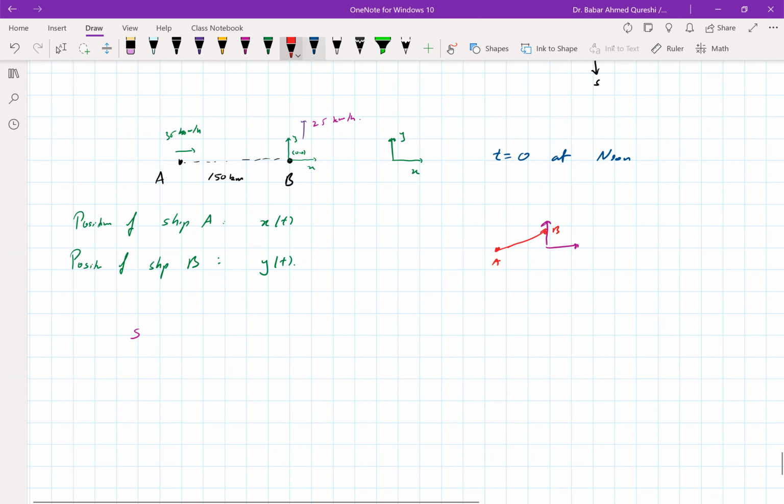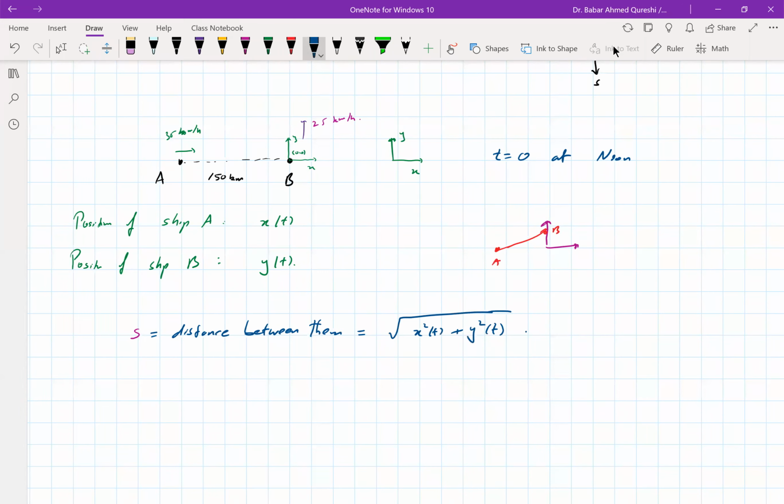The distance between them will always be given by this formula. Because I put the origin in such a way, one is always on the x-axis and one is always on the y-axis. So the distance can simply be given by this formula.